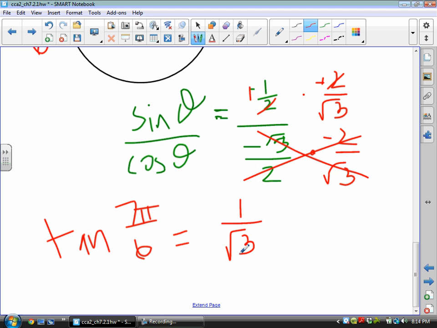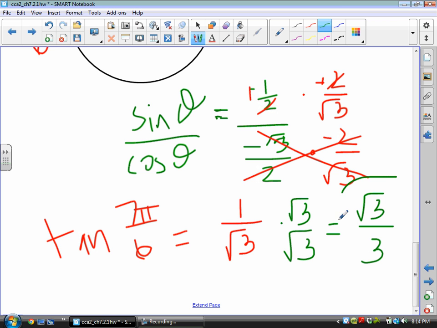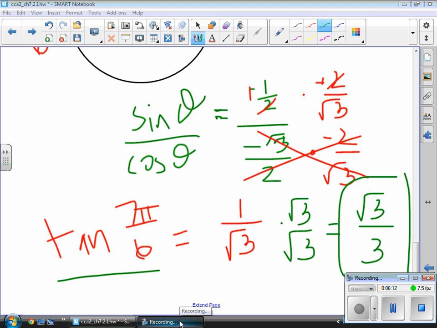Now this technically could be the answer, but we've been making no square roots in the bottom. So multiply by radical 3 on the top and the bottom. Now it becomes radical 3 over these two square roots together, which cancel each other out. I'm just left with a 3. So this is the answer for part B. Tangent of 7 pi over 6 gives me radical 3 over 3. Remember, tangent is sine divided by cosine.